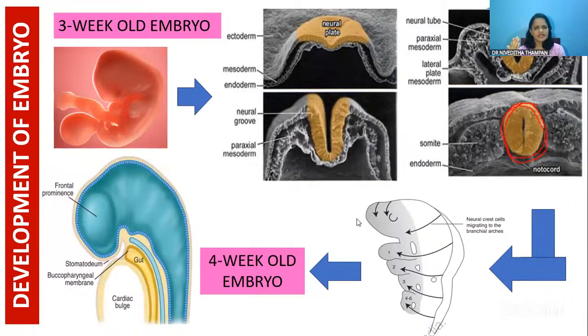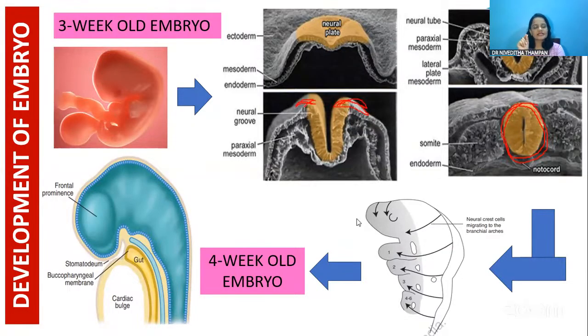Just before the formation of this neural tube, at the crest of this neural fold, there are some special cells, called the neuroectodermal cells.